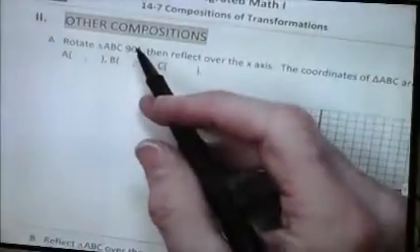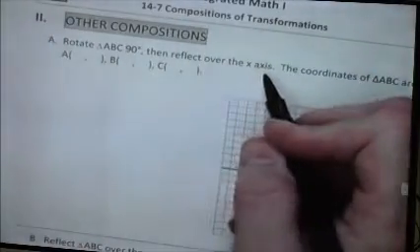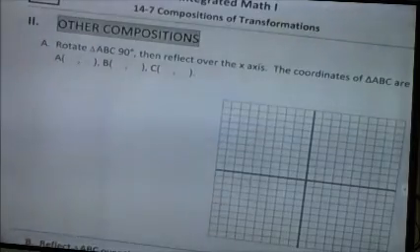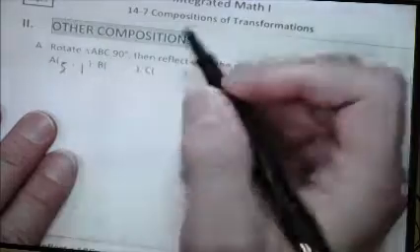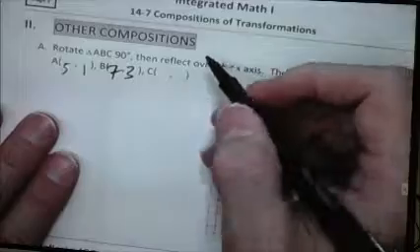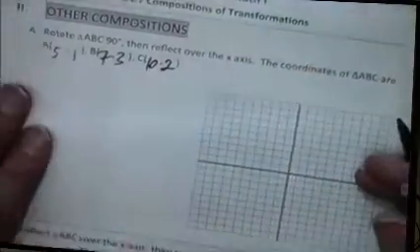Now here, on this one, we're going to rotate, and then we're going to reflect it. Okay, so the numbers I want to give you are 5 and 1, 7 and 3, 10 and 2.